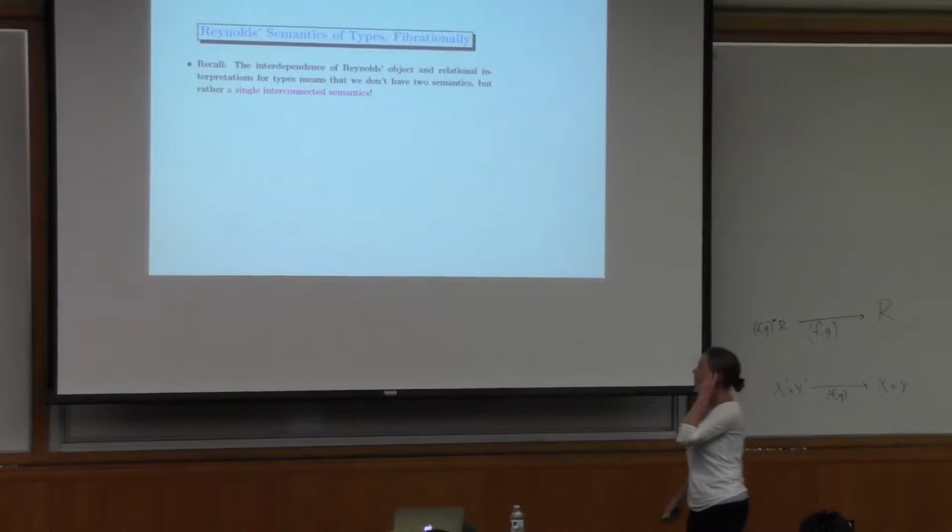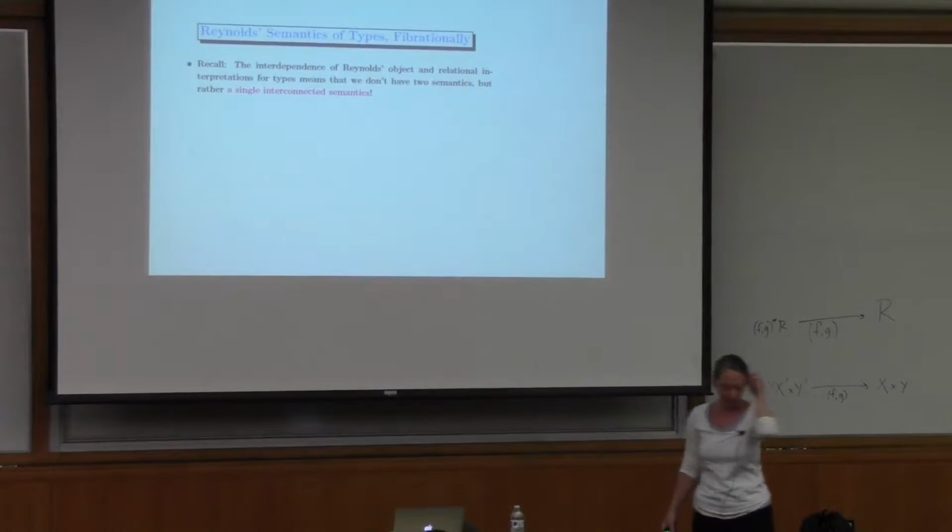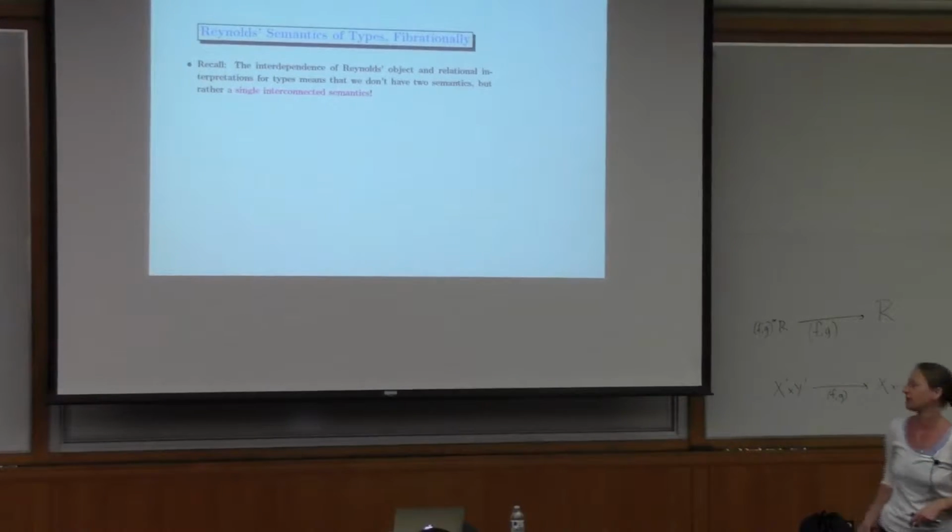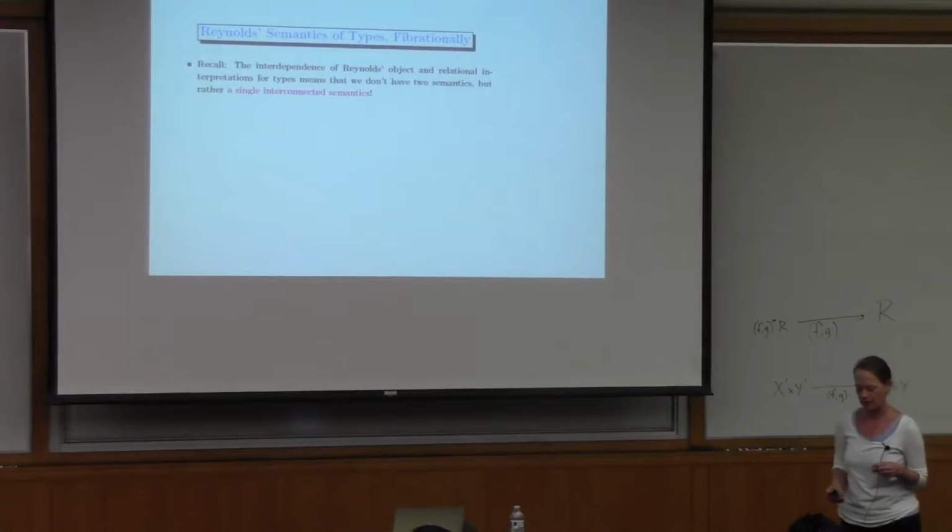Okay, so let's have a look at Reynolds' semantics of types fibrationally. So you already know all about it from a non-fibrational point of view. But remember that the idea was that Reynolds didn't just make a set semantics and then a relation semantics, but we saw that he tried to do that, but actually those semantics were really interconnected, right?